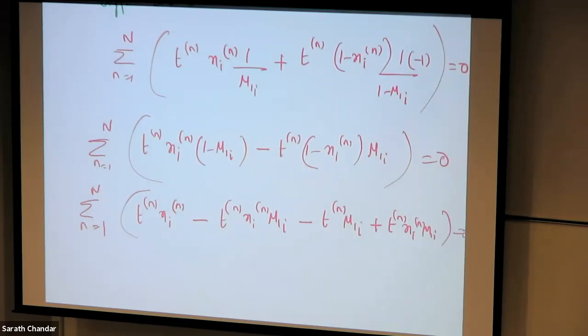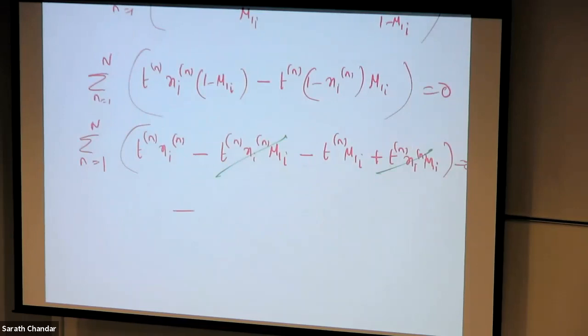So now you can cancel these two things. So it becomes much simpler. Summation over n of t_n μ_1i is equal to summation over n of t_n x_i^(n).